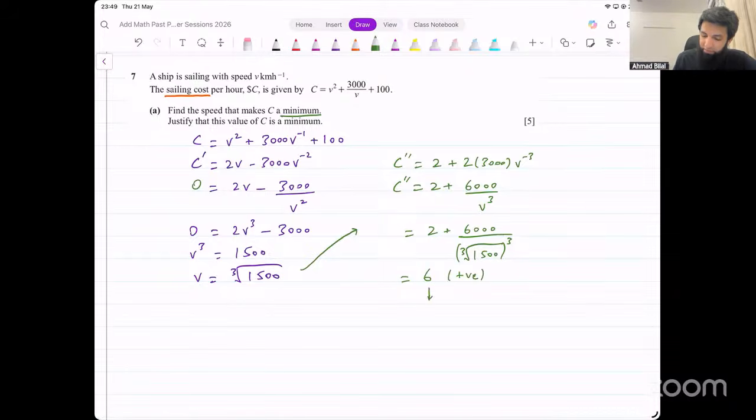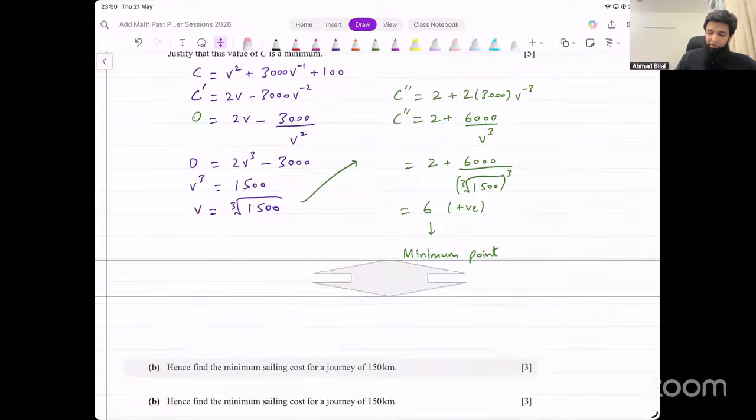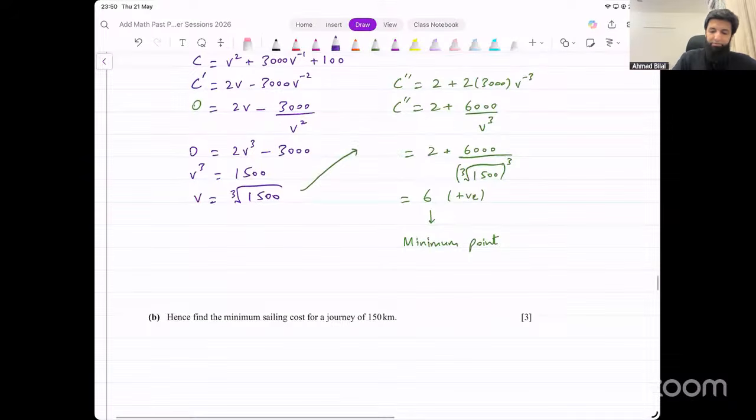Since the second derivative is positive, you say that is going to be a minimum point. This is a minimum point. Okay, because the second derivative is positive, it's a minimum point. All right. That was 5 marks, easy 5 marks. This is all that we had to do in this.